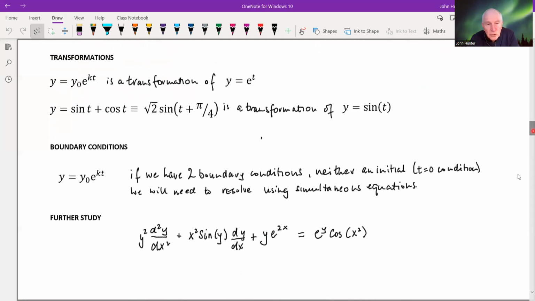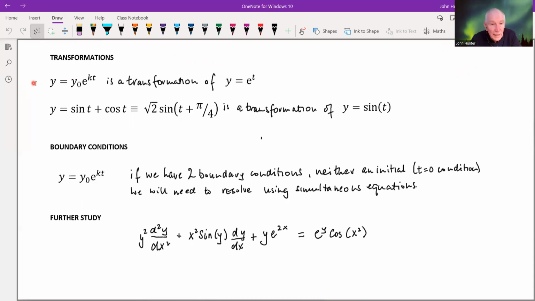Let's just have a look at one or two other things before we finish this video. Now here's a solution. There's an exponential kind of model that comes from dy/dt is proportional to y. If we put our constant of proportionality in and went through our process, we'd find that this is the resulting general solution.